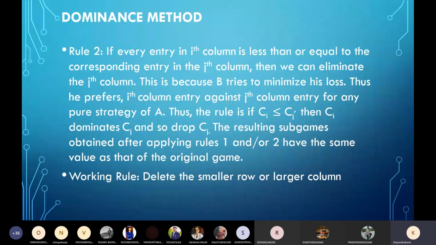Basically, the working rule states: delete the smaller row or delete the larger column. If you go for rule 1, you have to eliminate the smaller row. If you go for rule 2, you have to eliminate the larger column.